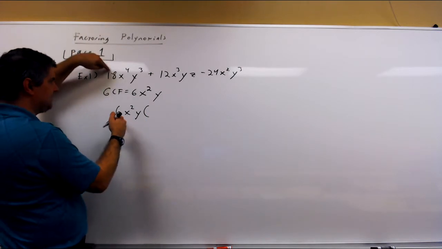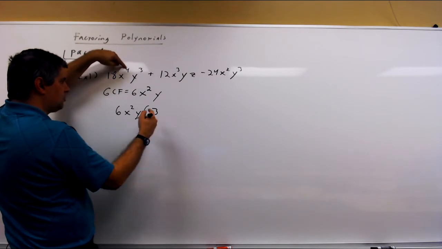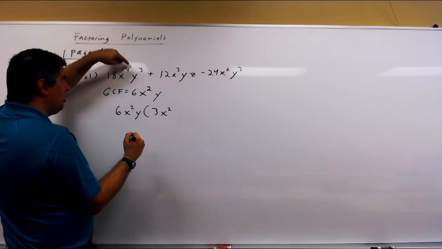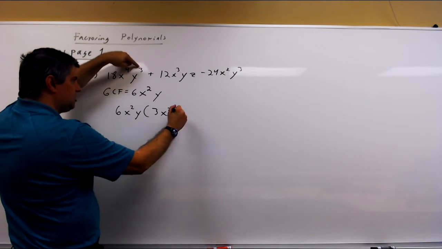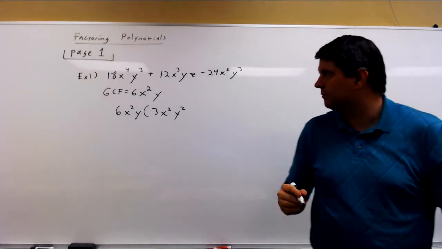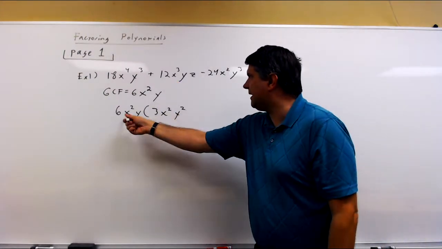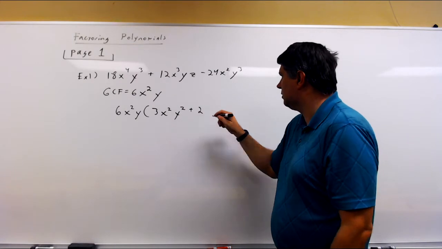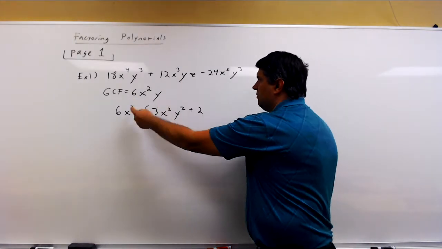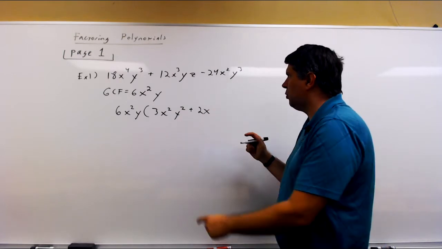18 divided by 6 is 3. We'll subtract exponents. X to the 4th divided by x squared is x squared. Y cubed divided by y to the 1st is y squared. Okay? 12 divided by 6 is 2. X cubed divided by x squared will leave you x to the 1st. The y's cancel.